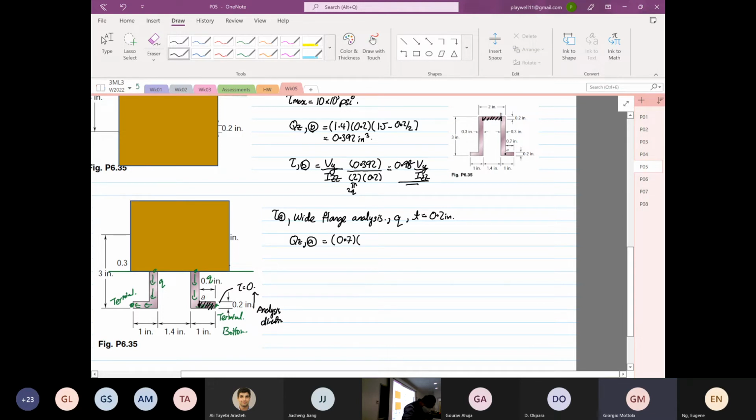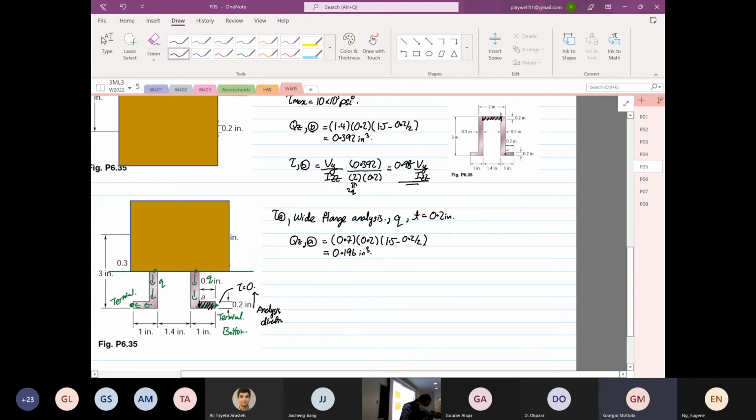The depth 0.2. 1.5 minus 0.2 divided by 2. Okay. So this is equal to 1.5 minus 0.2 divided by 2 times by 0.2 times by 0.7, 0.196. Okay.